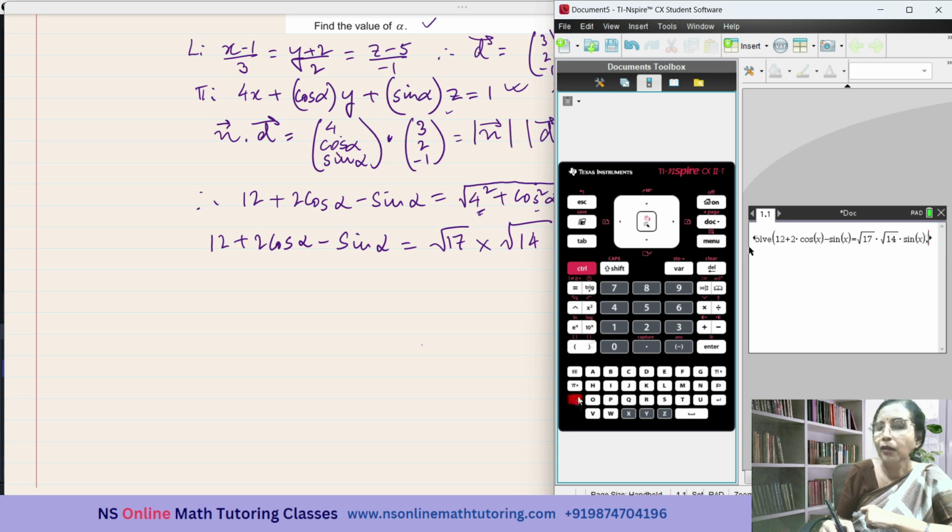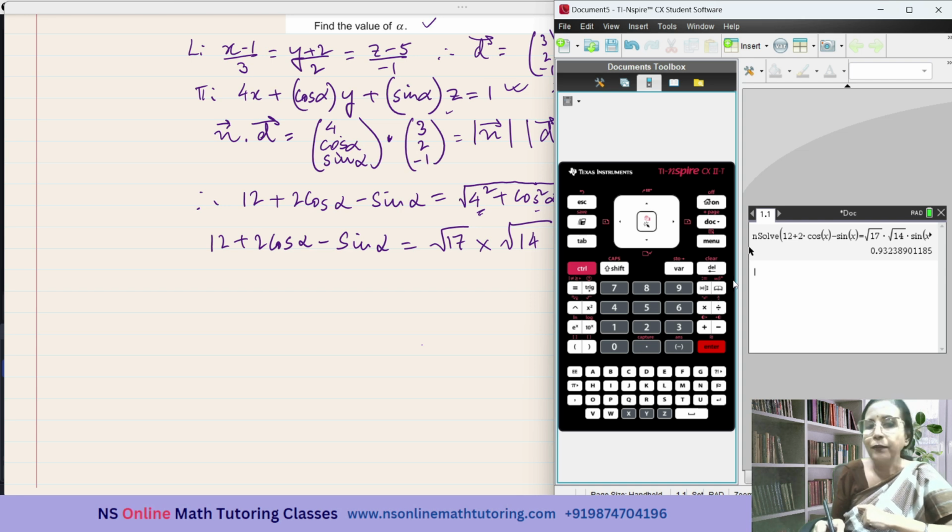Then comma and x, and we come out and okay. I've taken x in place of alpha, and we are getting the value of alpha as 0.93238 and so on. Up to 3 significant figures, it is 0.932.